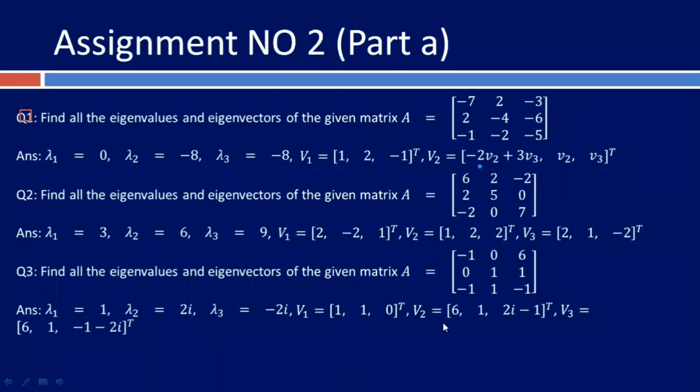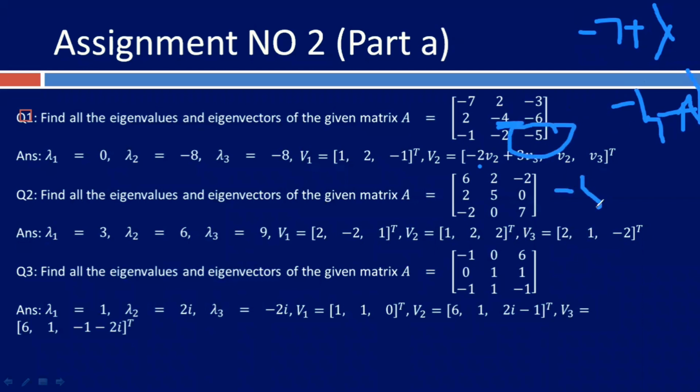So what is our characteristic equation here? A minus 7 plus lambda. The entries are changing: here we have minus 4 plus lambda, and here we have minus 5 plus lambda.